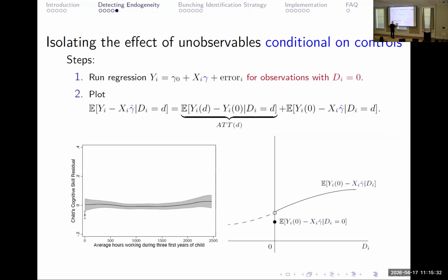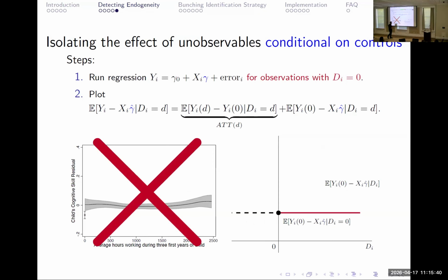Let's say I do have a selection on observables approach, so that the moment I control for X, I'm done with my endogeneity problem. Then it would look more like this. It would look horizontal, but what would be the average of this dashed line? It would be exactly the black dot. There wouldn't be any discontinuity. But if there were no discontinuity, how then would I be able to explain the actual discontinuity I do observe in the data?